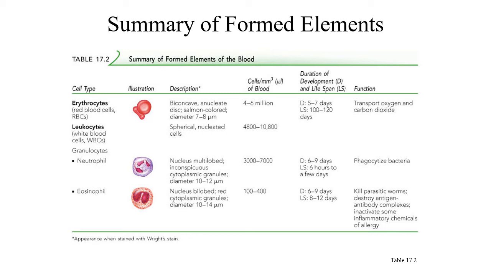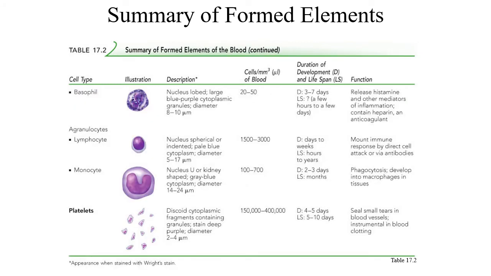It goes along the general size for them, who they go after as far as their function, so what kinds of infection or what kind of scenario they are going to become elevated in as well. And then the last one here we haven't talked about yet, but we will in just a moment. We have the platelets. These are going to be the last formed element that we have inside the blood that we have to deal with as well.